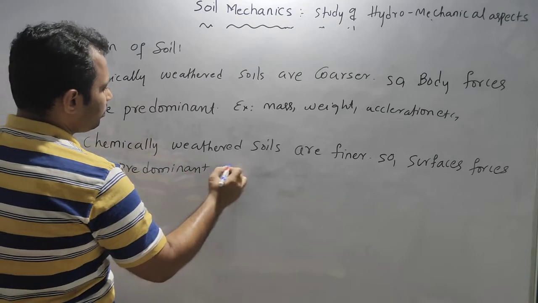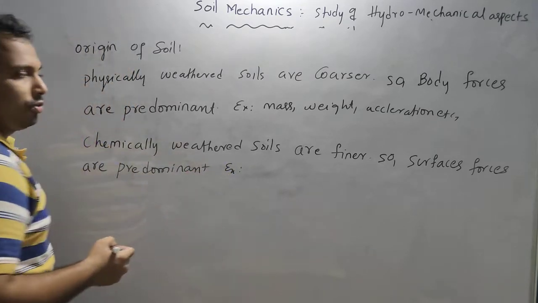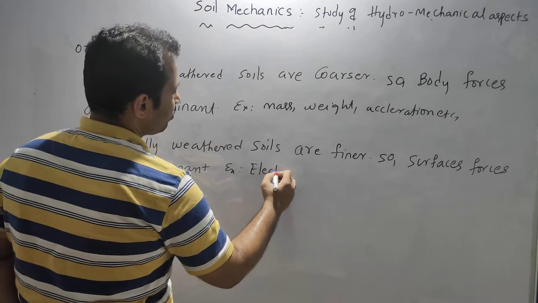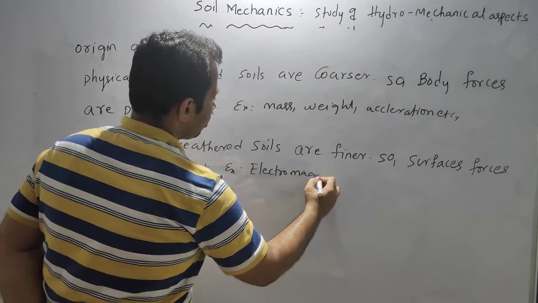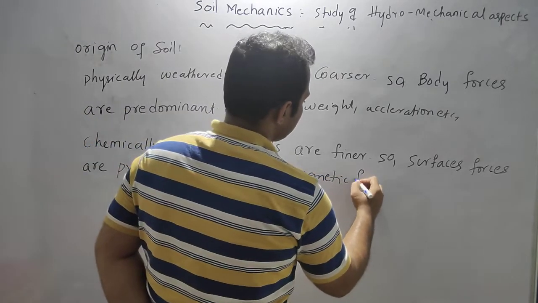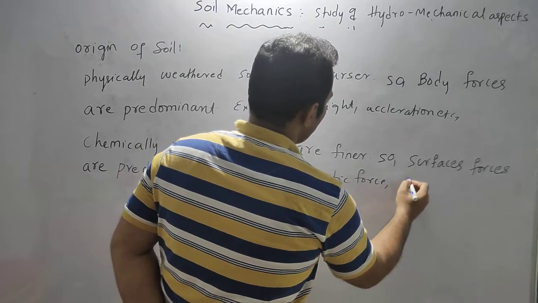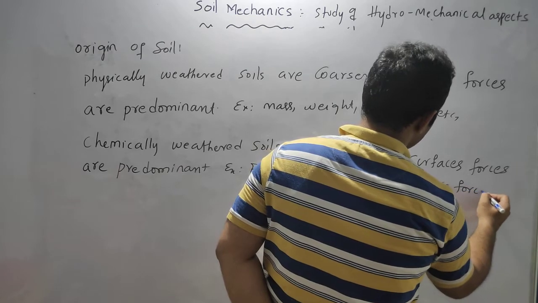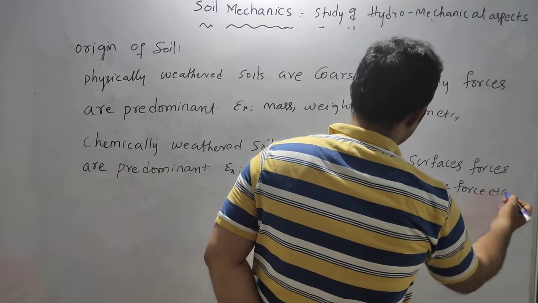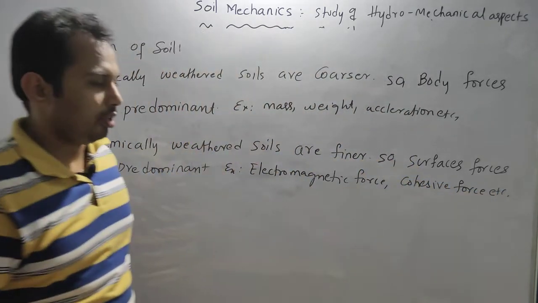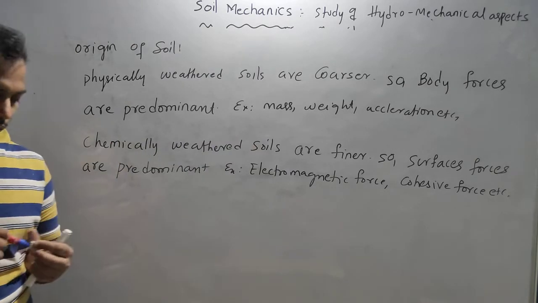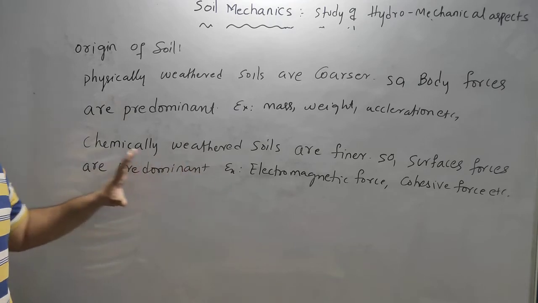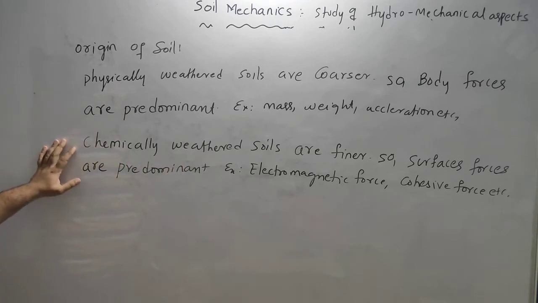What are the surface forces? That is electromagnetic force, cohesive force, and so on. These kinds of surface tensions are the surface forces. So these are the chemically weathered soils, and this is the physically weathered soils.